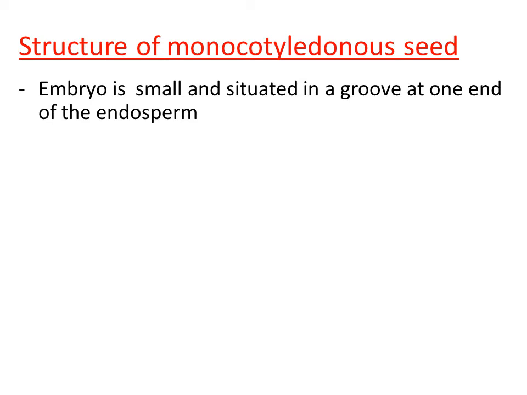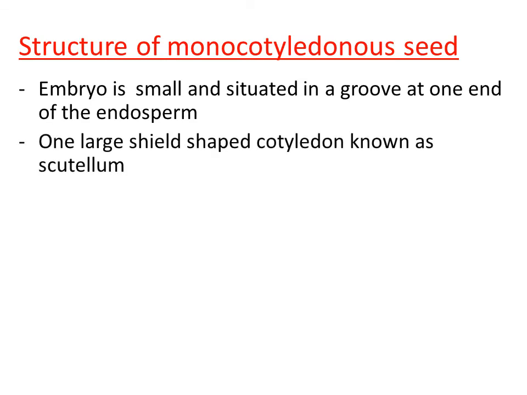How many cotyledons are present in the embryo? Because it is a monocotyledonous seed, it consists of only one cotyledon. Mono is nothing but how much? One, right? So one cotyledon is present in the embryo, named scutellum. Understood? One large shield-shaped cotyledon is present in the monocot seed, named scutellum.